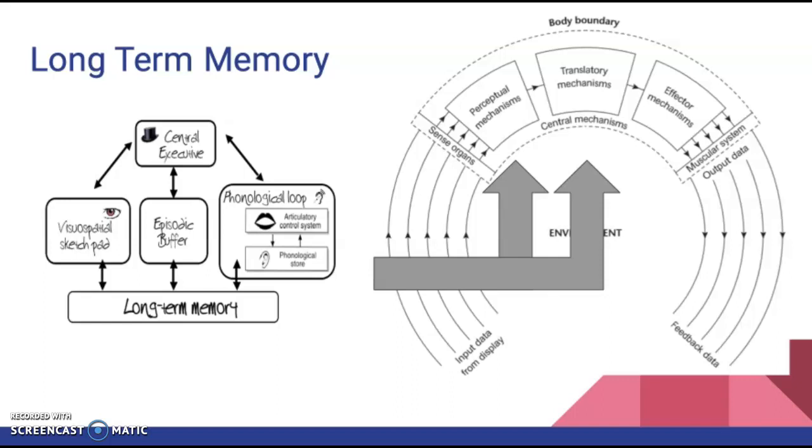To store information, the brain uses association, rewards, mental practice, and breakdown of tasks. After the translatory mechanism, the motor program then gets sent to the effector mechanism, which goes into the muscular system for the skill to be carried out. As previously mentioned, motor plans can be made from past experiences.